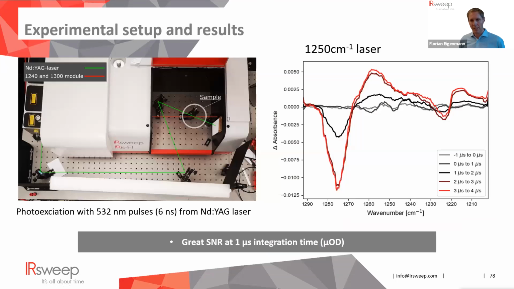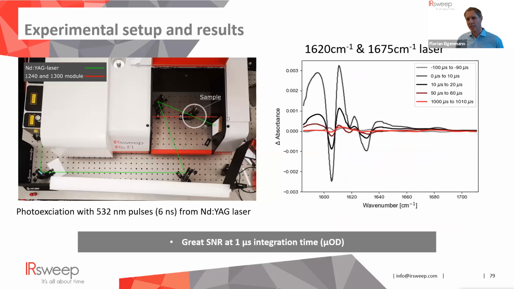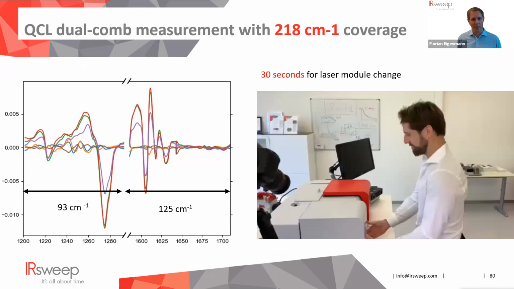It also covers measurements with microsecond time resolution. And we're using several laser modules, so here you see 1250, 6020, 1675, and all together this covers a range of already 218 wave numbers. Of course, you have to change the module, but like this, you can record quite a lot of data over that area.